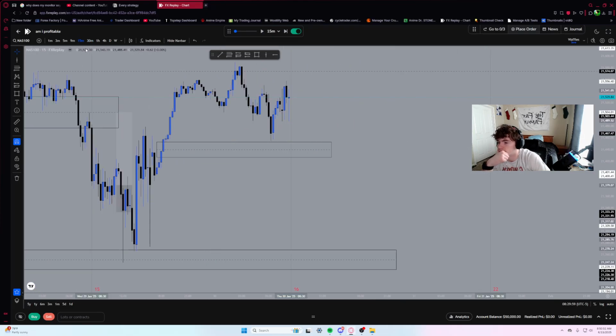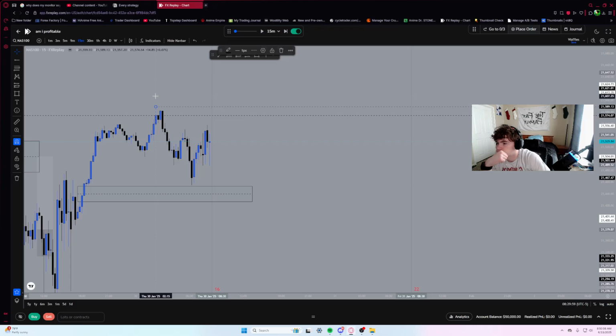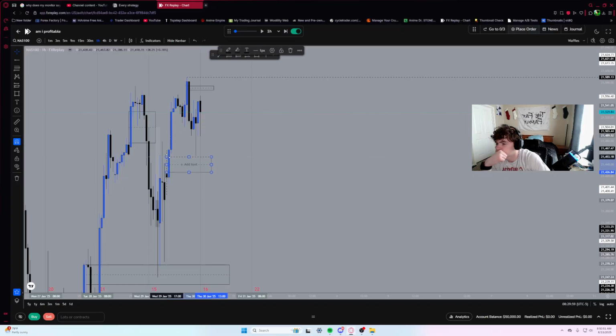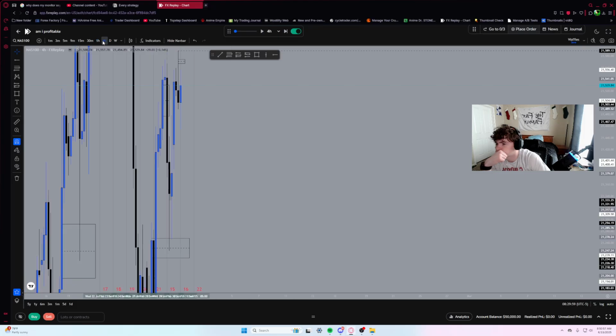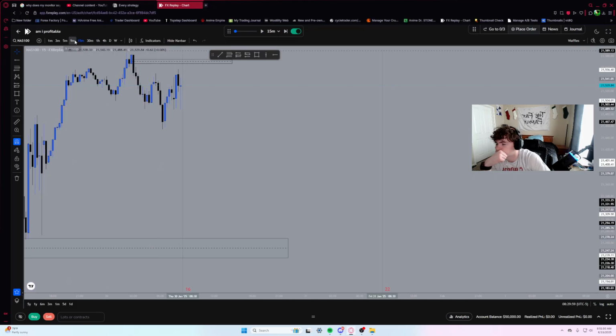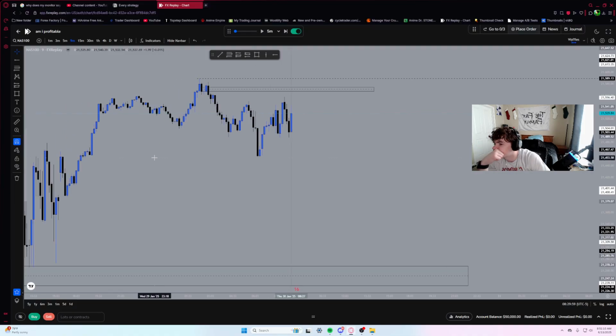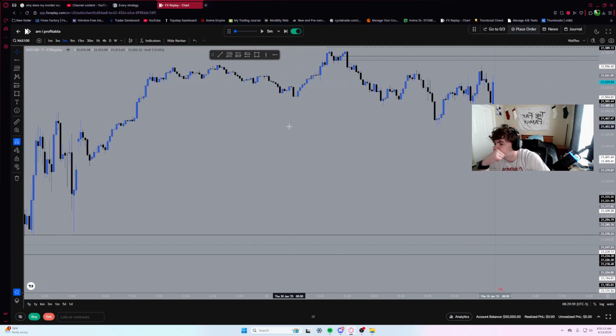This fair value gap doesn't matter much. It only retraced to the area of consolidation.